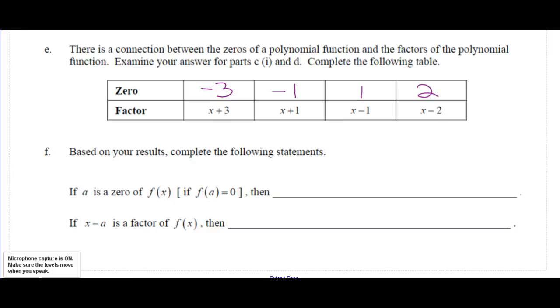If A is a 0 of f of x, which means if f of A is equal to 0, then what can we say about x minus A? It's a factor of the polynomial, which in this case is f of x, right?